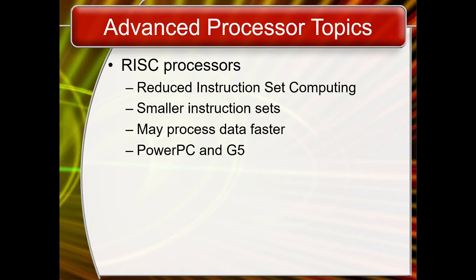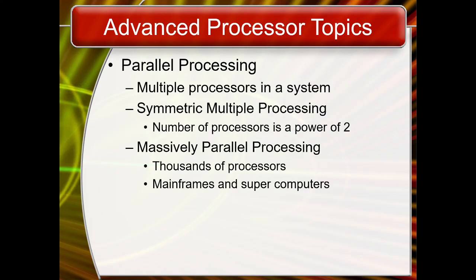PowerPC and G5 are examples. Parallel processing means multiple processors in a system that can work in parallel. Symmetric multiprocessing includes a number of processors in powers of 2. Massively parallel processing includes thousands of processors, and examples are mainframes and supercomputers.